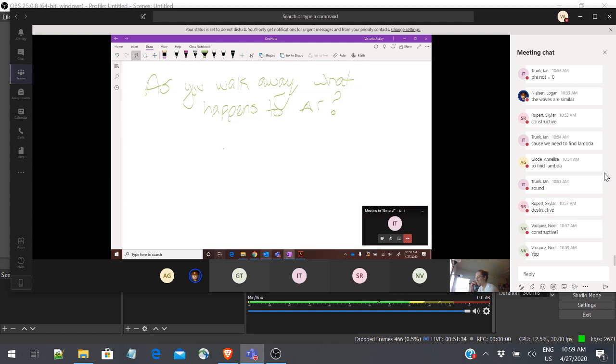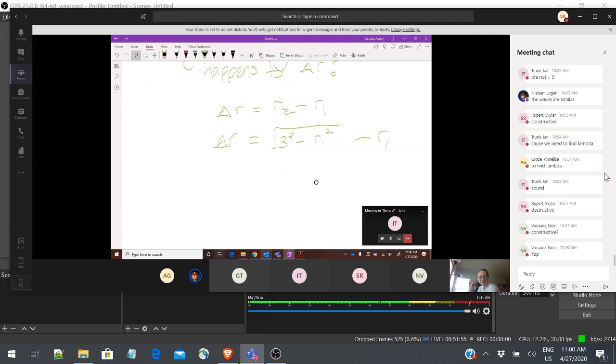So we have delta R is R2 minus R1. R2 is the square root of the distance between them squared plus R1 squared. Is this getting bigger or smaller as you walk away? It's really weird. I might graph that.